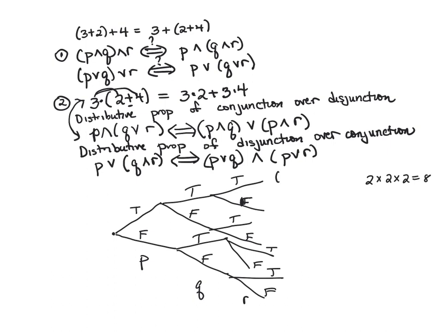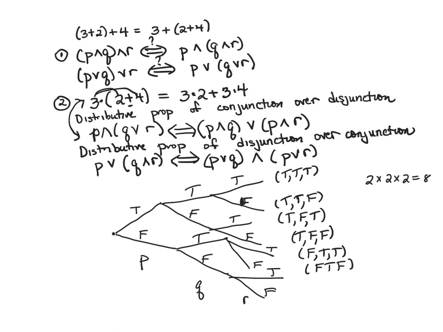And the combinations are along the tree diagram. So our truth table would have 8 rows.